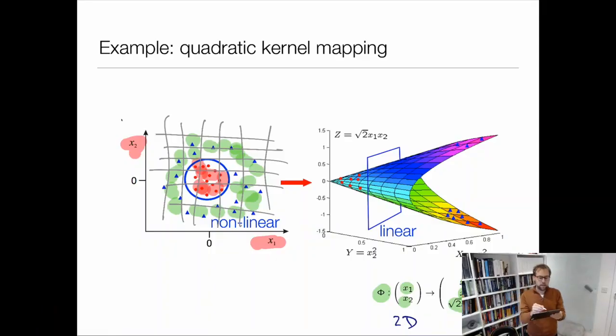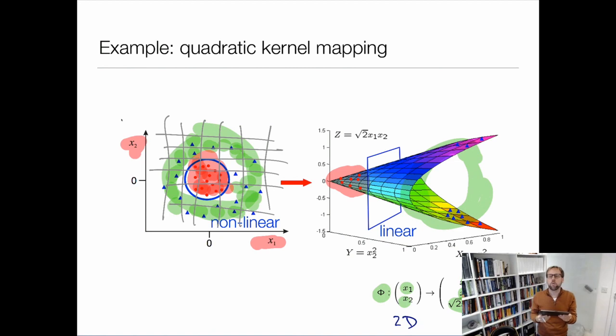Now all the data points which were on the inside region, they're now mapped here, whereas all the data points which were on this outside region here, they're now mapped to this bit of the cone here. So this is what this mapping does.